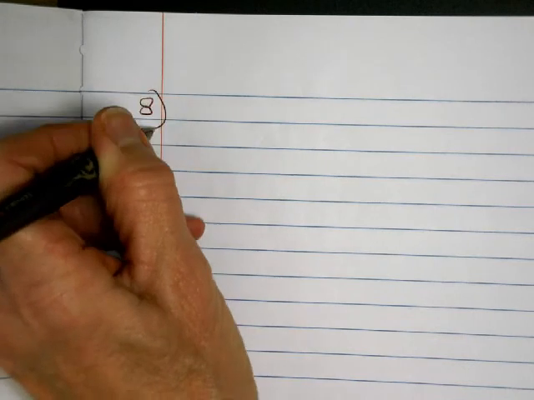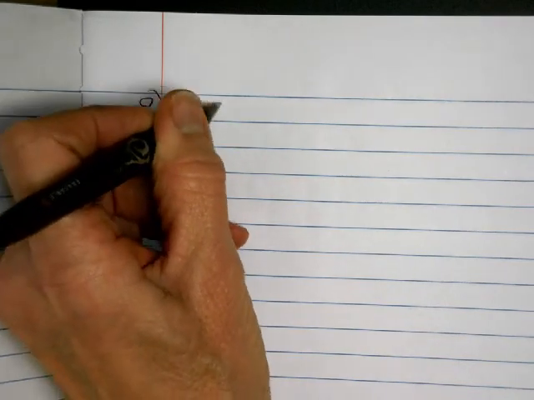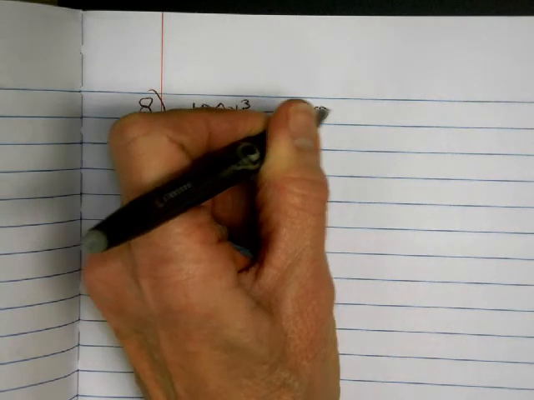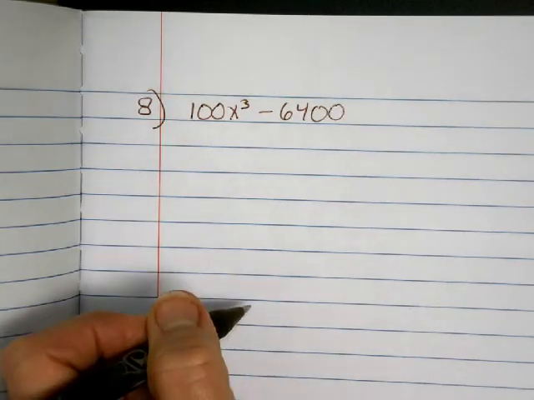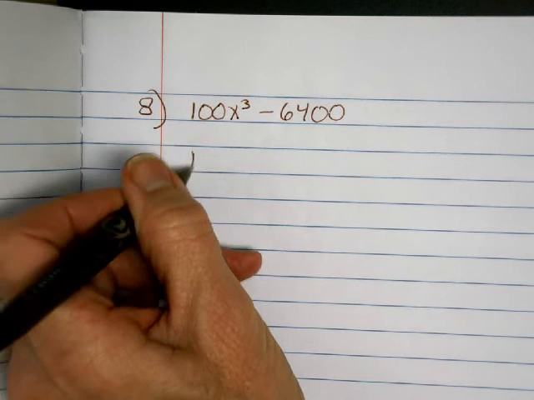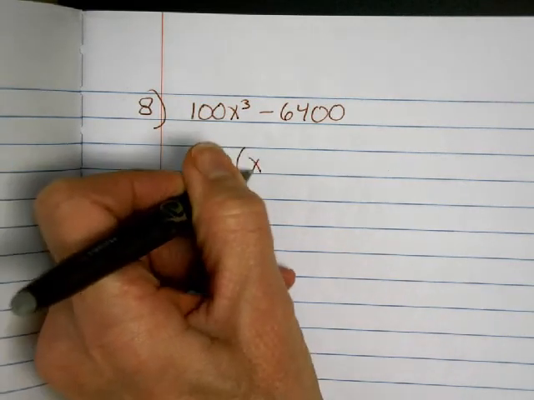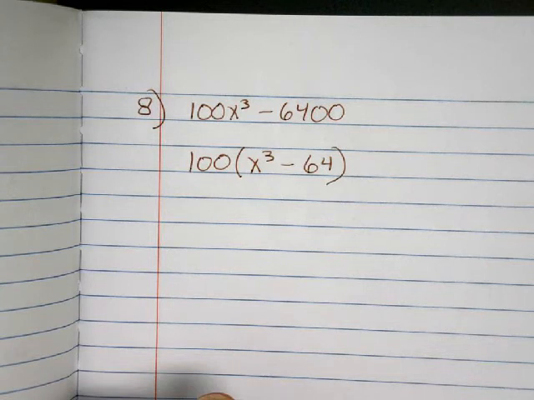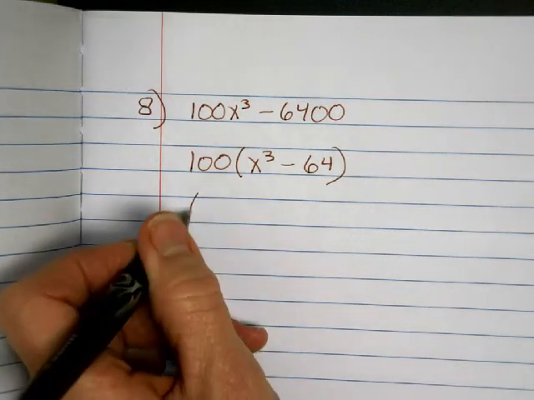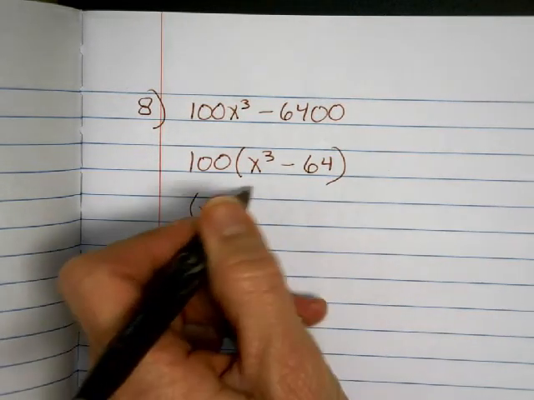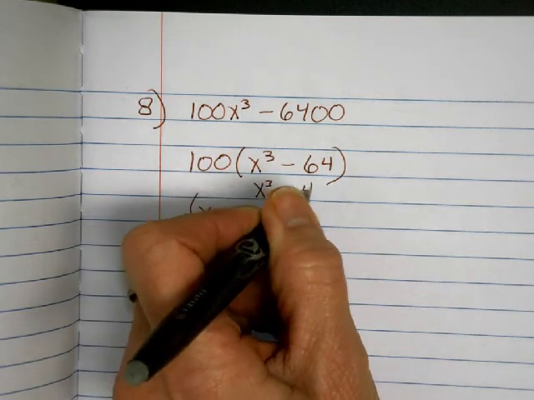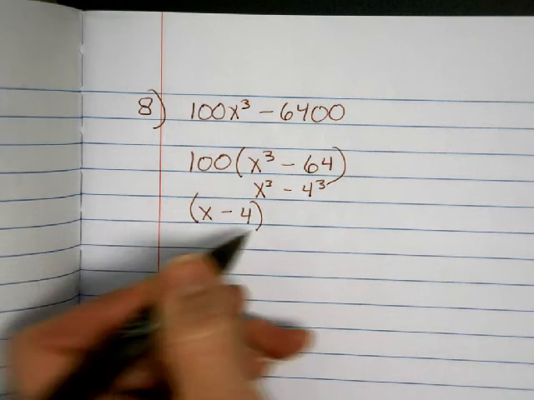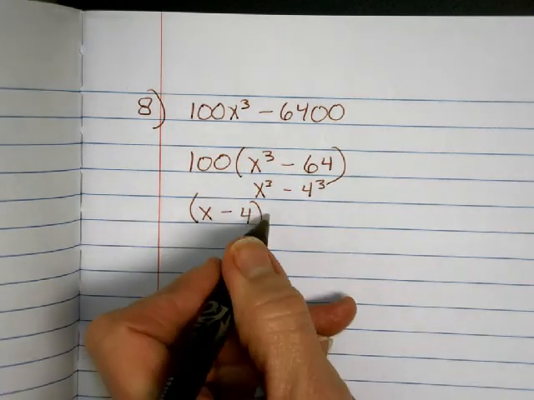Now I'm just going to write down the polynomial. Remember the steps. It's a binomial. Look for a GCF. See a factoring pattern. Difference of cubes.